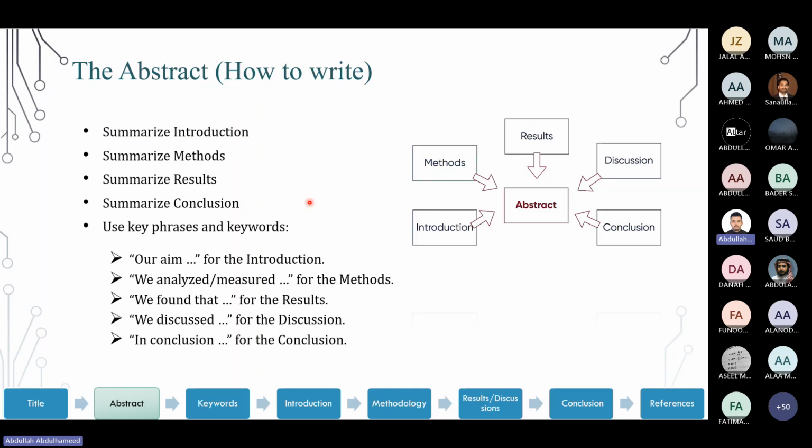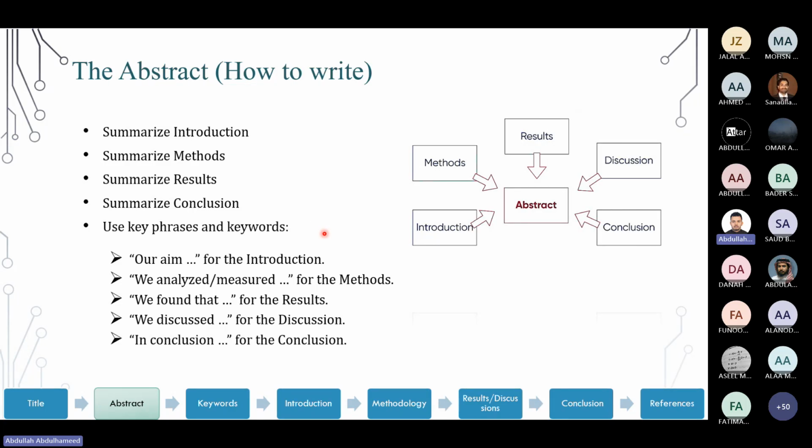When you start the methodology sentence, you mention "we analyzed" or "we measured," and also mention the characterization method that you are using in your research. And if you want to start a sentence about the result, you can say "we found that," and then continue your sentence. Also, you might mention "we discussed these results," and we found this kind of start when you start writing the abstract.